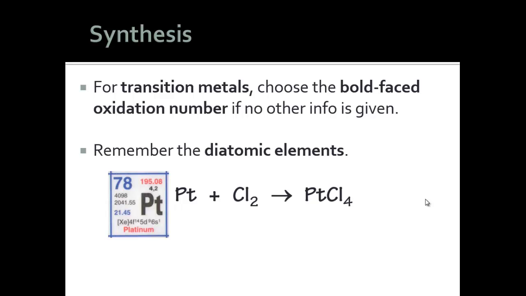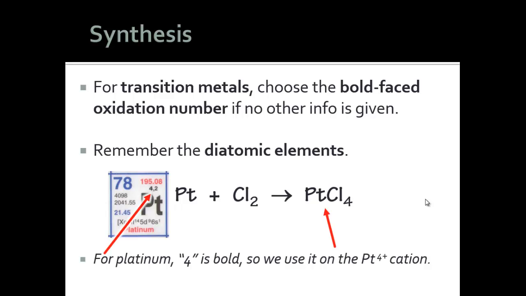You could choose the other one and be more or less correct, but my answer keys will usually be written with the bold-faced number in mind, just so we can all be on the same page and get the idea anyway. So for platinum, because the 4 is bold, I've chosen platinum 4 as my cation in the compound, and that gives me a compound PtCl4 because of chloride's -1 charge. So platinum 4 chloride, we would call that if we were writing out the word equation instead.